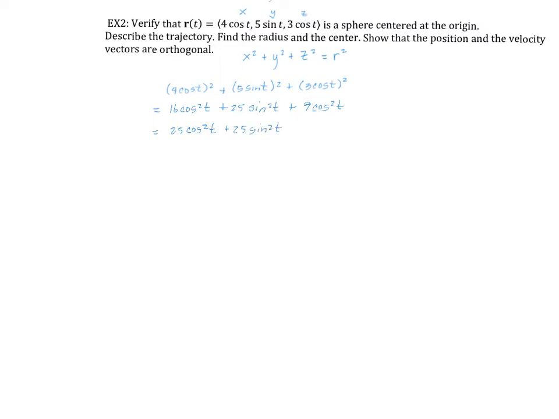Factoring out the 25, cosine squared plus sine squared is just 1. So this is equal to 25. And that's verification enough to know that the equation is x squared plus y squared plus z squared equal to 25, which would be our r squared. So in this case, our radius would be 5. So we verified that this describes a sphere.